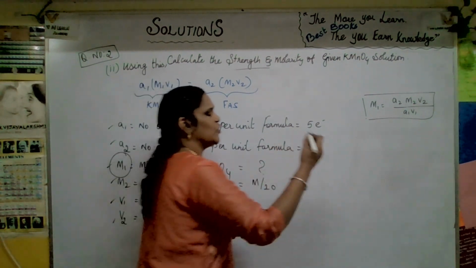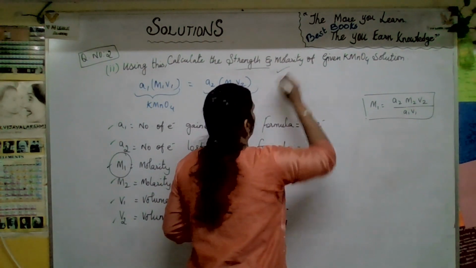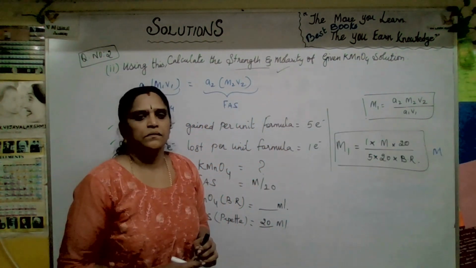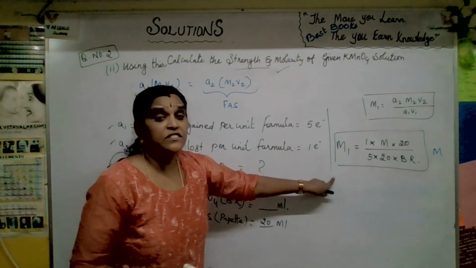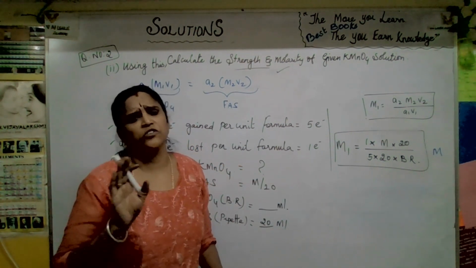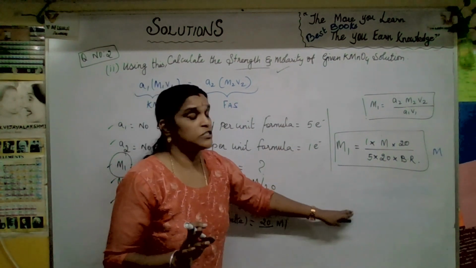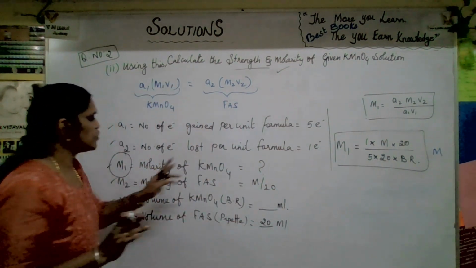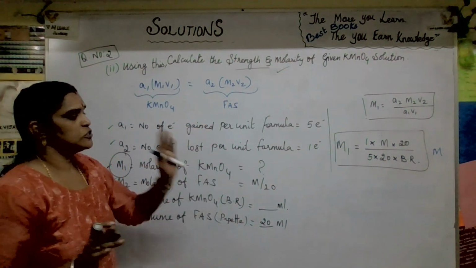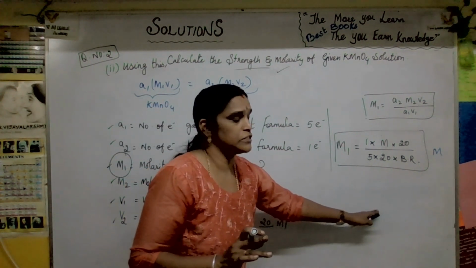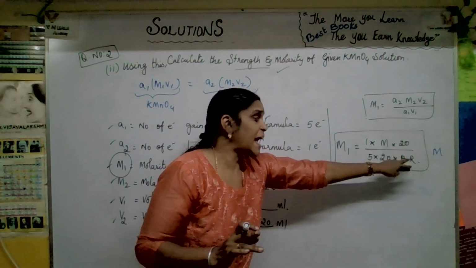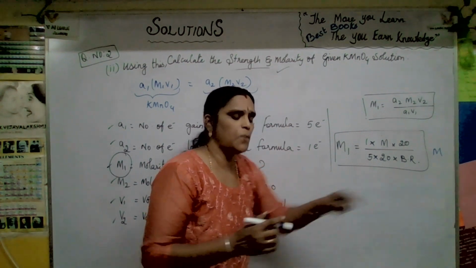Okay, so you will get the molarity. Now we have to find out the strength of the solution, it's so simple. The strength of the solution of KMnO4 is equal to molarity into molecular mass.